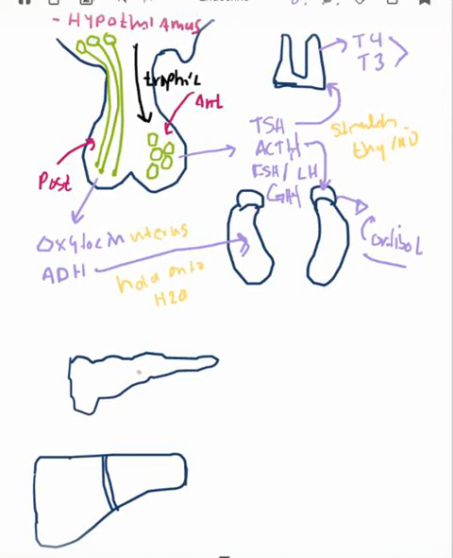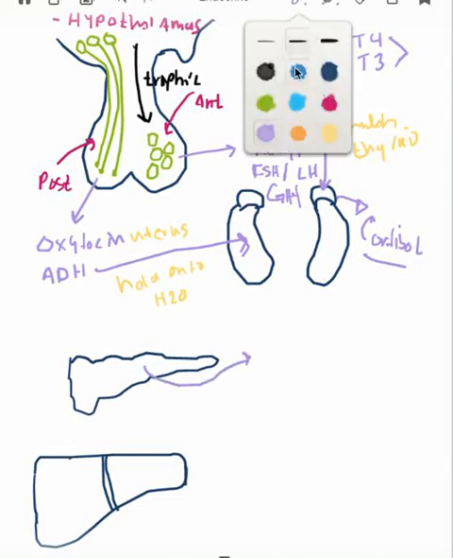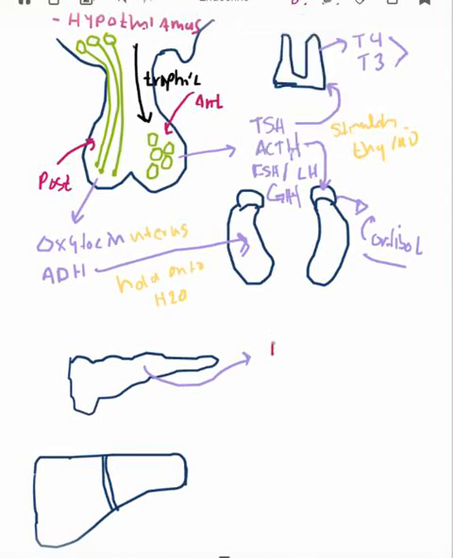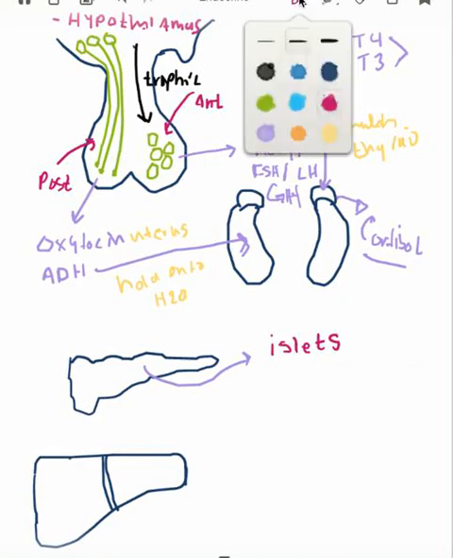It functions as an endocrine organ as well. And within the pancreas, you have what are called islets of Langerhans cell clusters. And within those islets, you have three general types of cells we'll talk about.